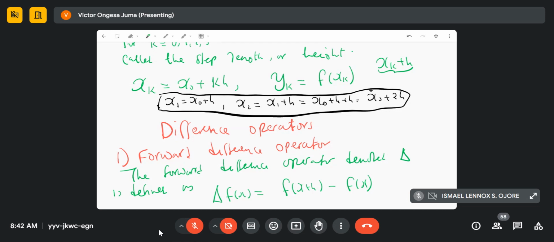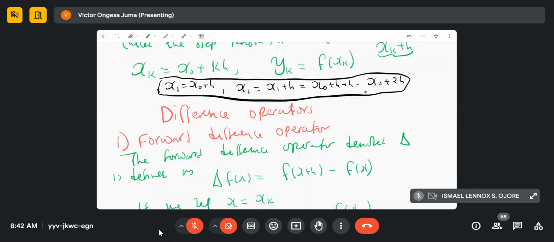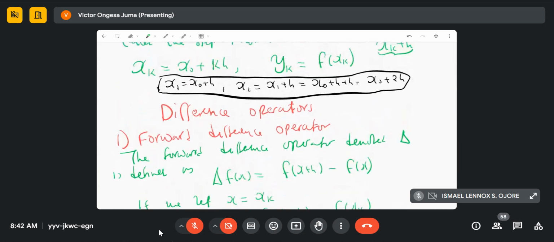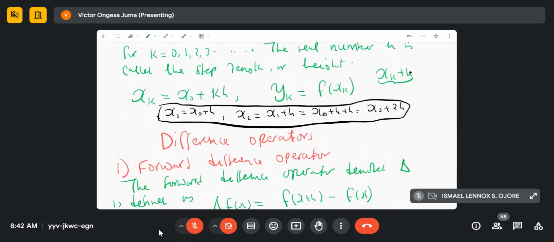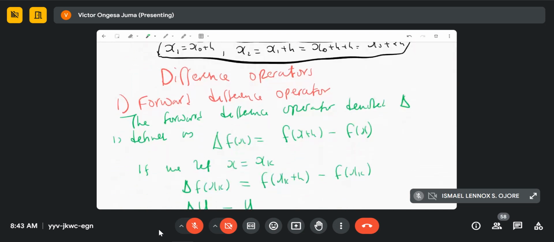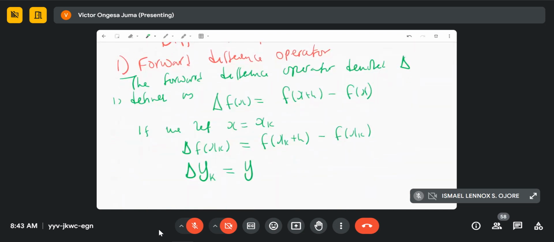What is xk plus h? Recall we said h is the step height. If you are at the point k, that means you have xk, and then you move one step ahead. Which value do you get? xk plus 1. So this is yk plus 1, and then minus yk.